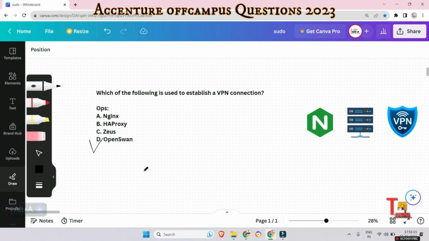It is also load balancing software. So the answer will be OpenSwan, which is open source software that implements IPsec and IKE, that is, Internet Protocol Security and Internet Key Exchange protocol. It is commonly used to create secure VPN connections. So the answer will be OpenSwan.